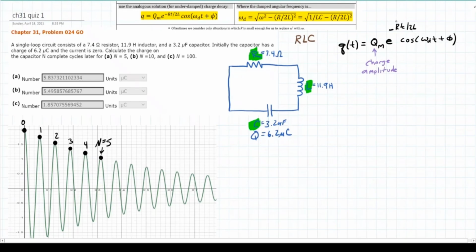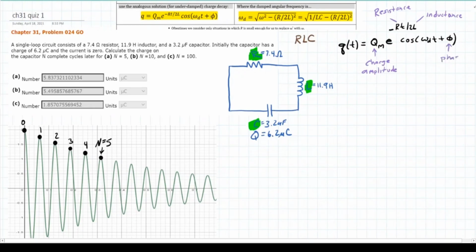This is R for resistance. That's the resistance. This is the inductance, L. Resistance, inductance.